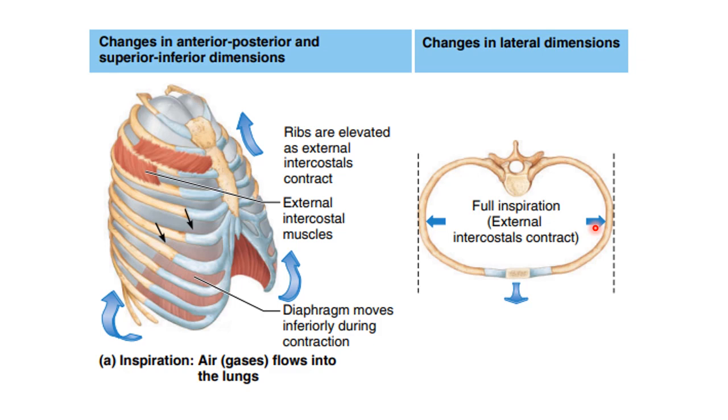Okay, so together with an increase in volume caused by the diaphragm, so the movement of the diaphragm increases the superior inferior distance or the vertical distance. The movement of the ribs care of the external intercostal increases the horizontal distance.